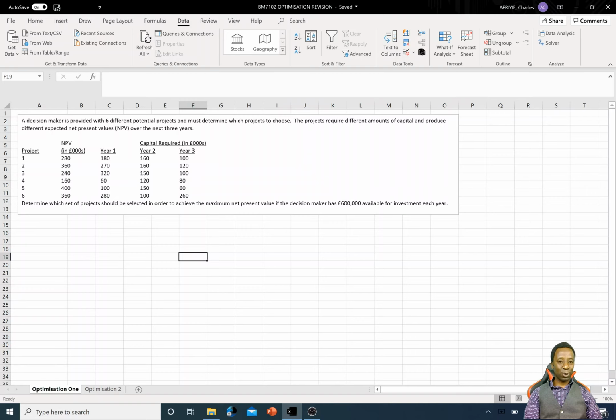Okay, so there's shortage of capital and we have to choose wisely. Effectively, that's what optimization is about. When you have constraints or when you have limitations, you have to be rational in terms of picking the options that will give you the highest return. So how do we go about doing that?